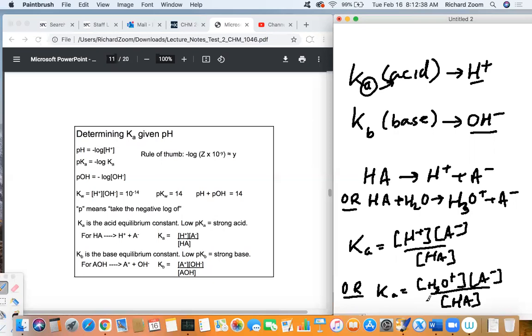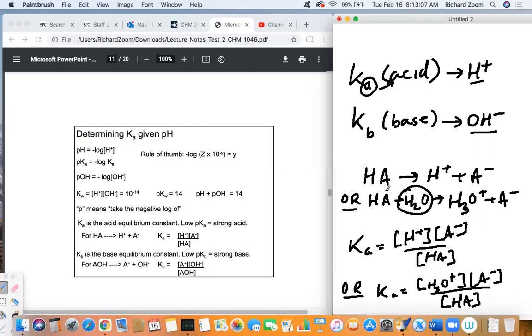You'll notice that the water here is going to be ignored because the concentration of water again is constant, so we don't have to worry about that. But the upshot of all of this is that H plus and H3O plus are really the same thing. The only reason that H2O hasn't been included here is because it's assumed that it's here. We're always talking about aqueous solutions when we're dealing with acids.